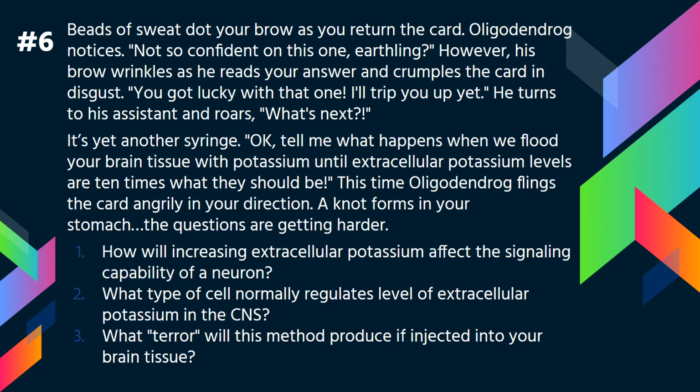Number 1, how will increasing extracellular potassium affect the signaling capability of a neuron? Number 2, what type of cell normally regulates levels of extracellular potassium in the central nervous system? Number 3, what terror will this method produce if injected into your brain tissue?